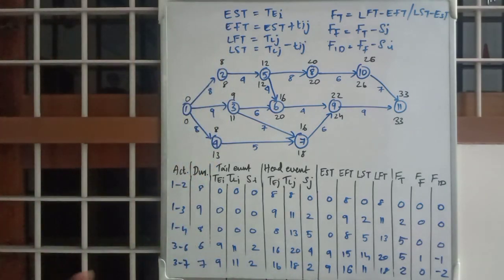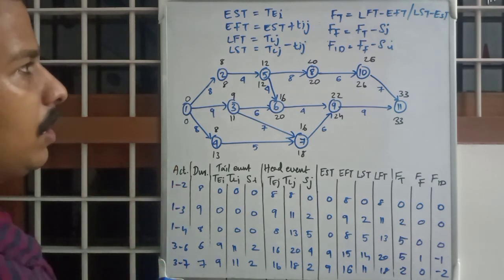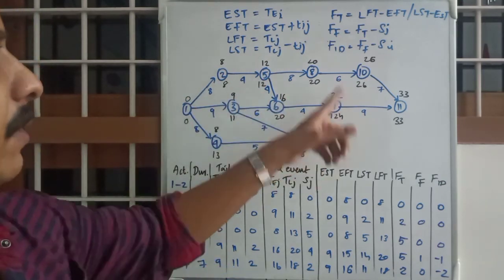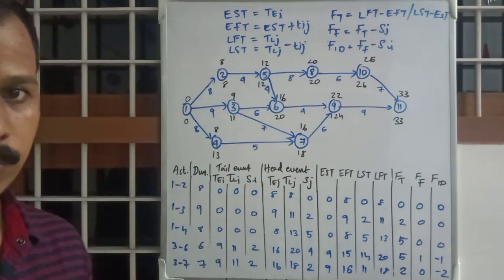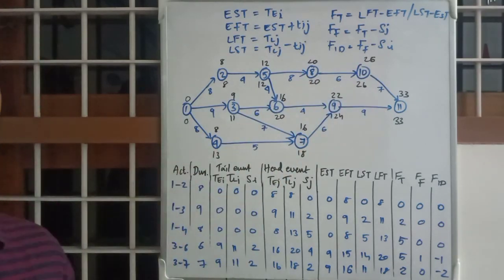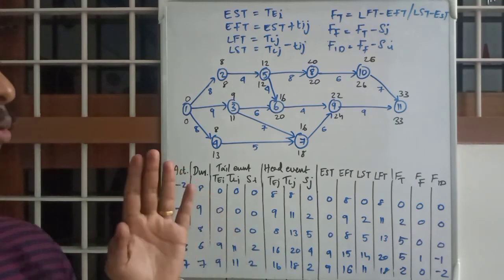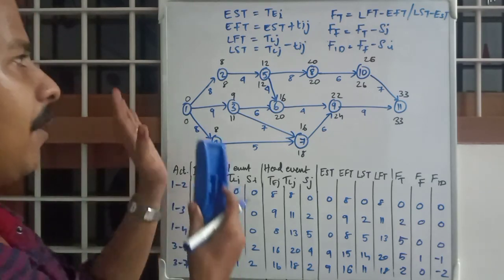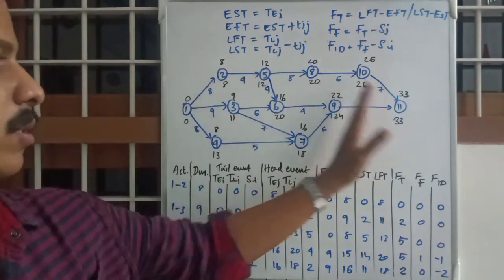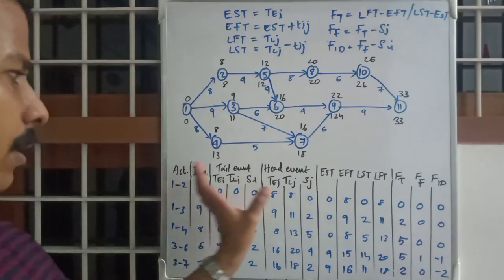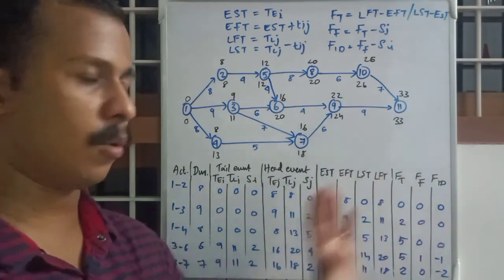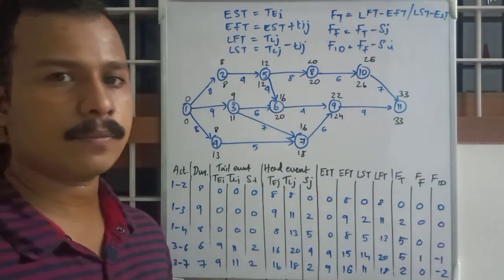Okay, so you have completed 5 activities. Now you have 13 activities in total remaining. So complete the full list and try to do as many problems like this as you can. Just calculate event times, then convert them into a table, and from the table calculate activity times and float times. That's it. Okay, thank you.